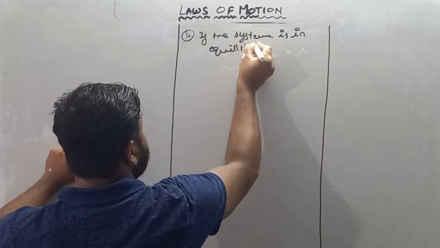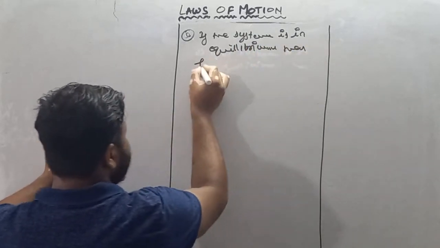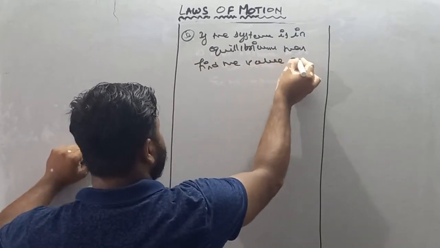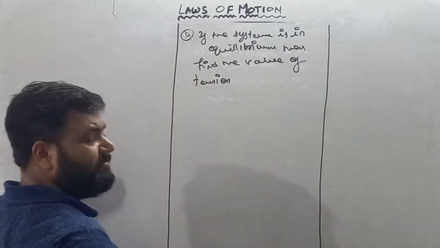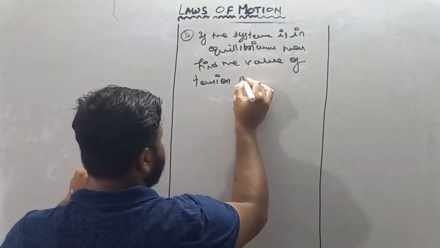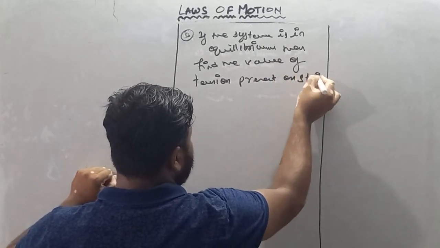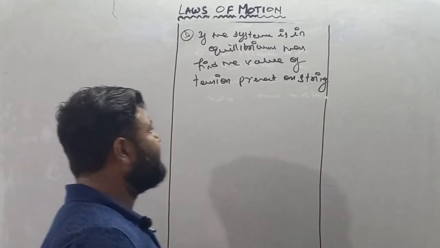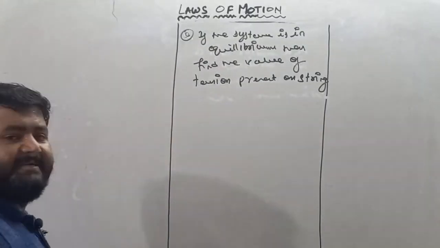If the system is in equilibrium, then find the value of tension present on the string.